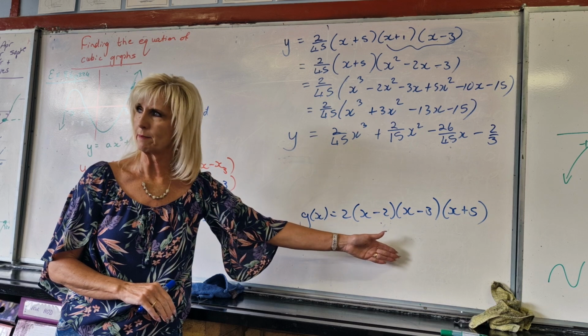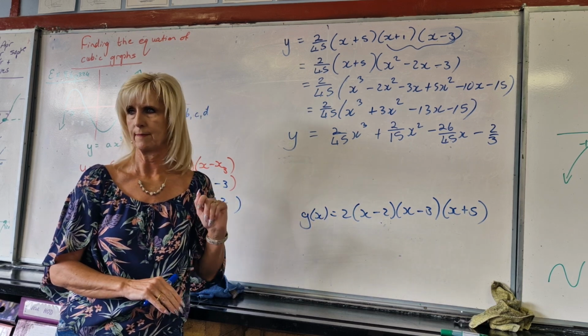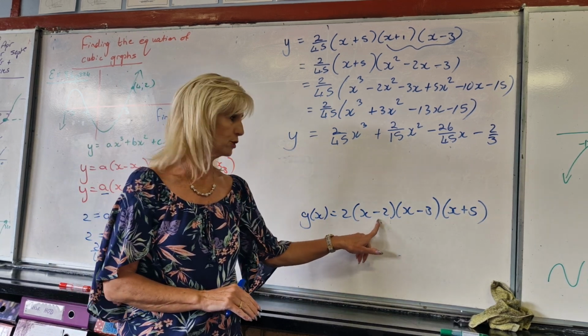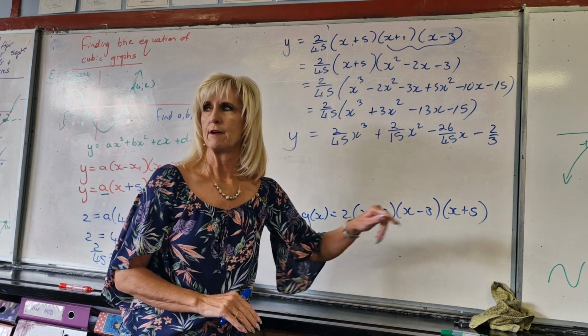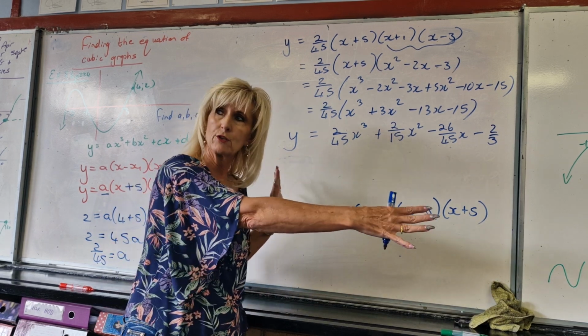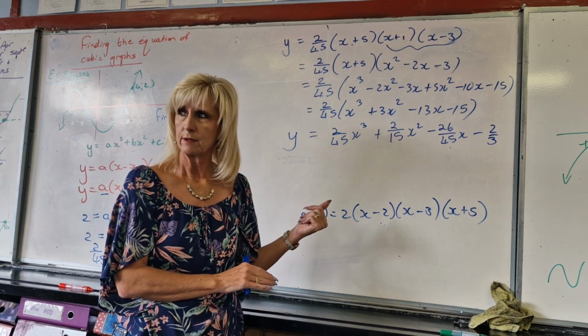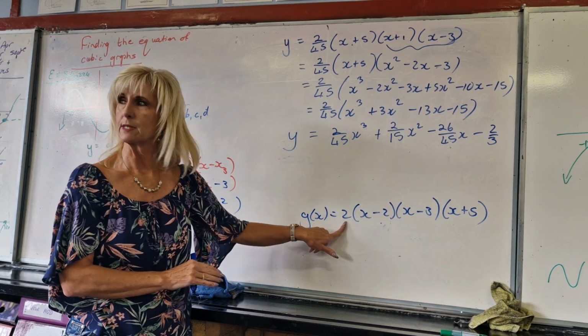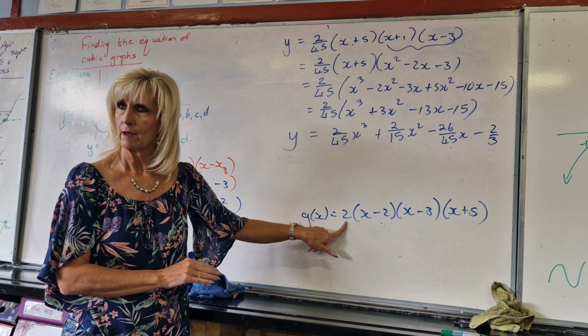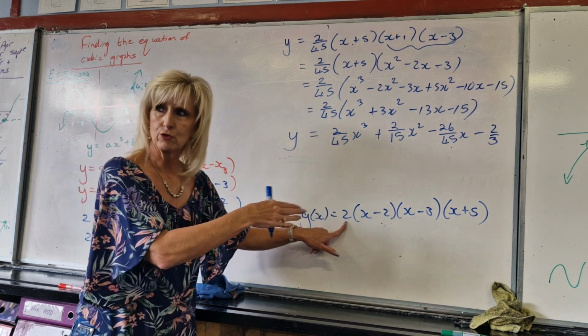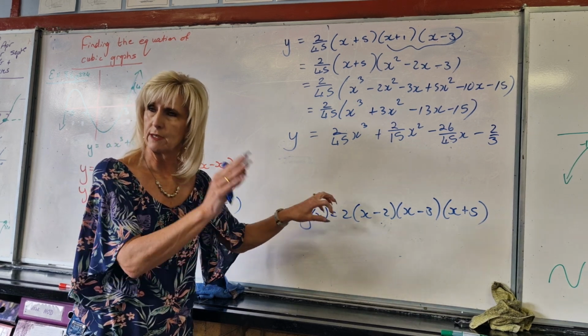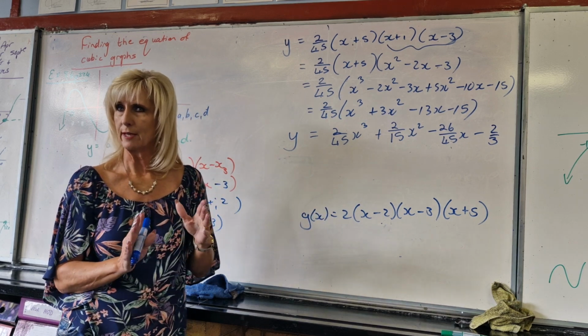Please don't go do Batman on your own. I've given it to you. So the x-intercepts are 2 and 3 and negative 5, and you have to times it all out to get the turning points because you can't derive if it's not timed out. Are you with me? Yes, ma'am. And the shape is going to be positive, because whether I times it out or not, the a is still the a and it's positive. Alright, happy on that? Yes, ma'am.